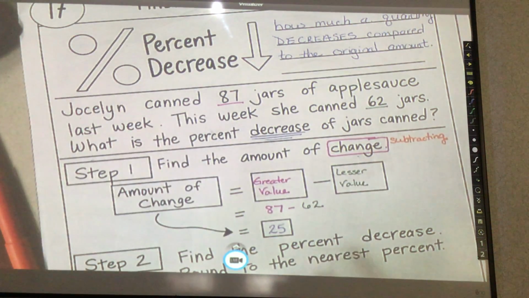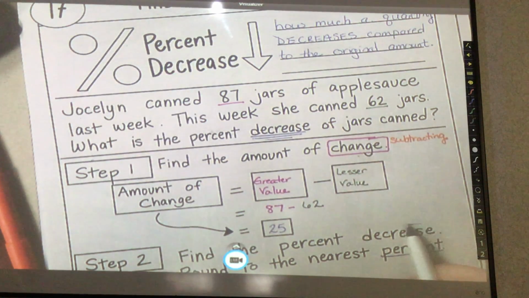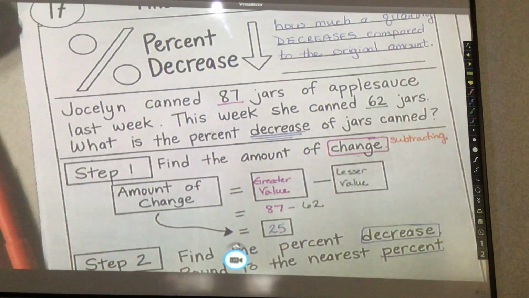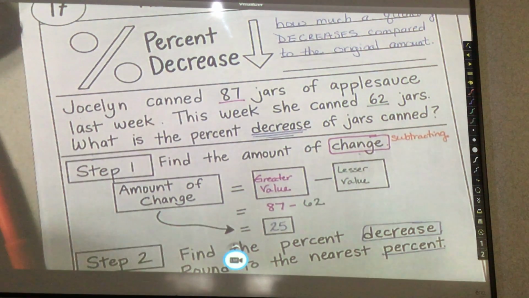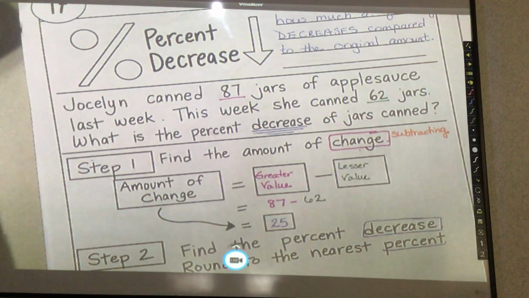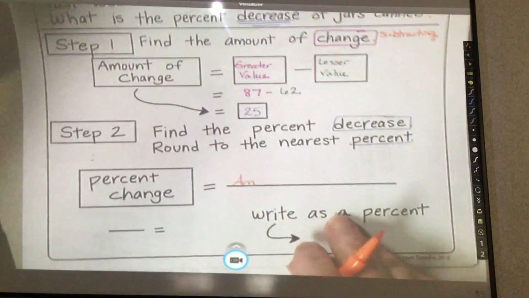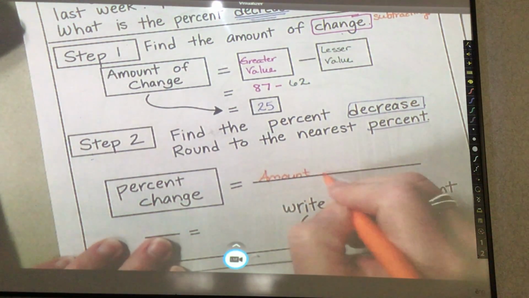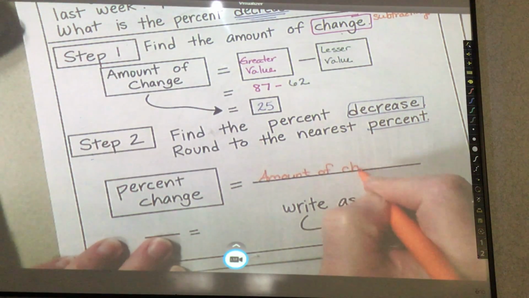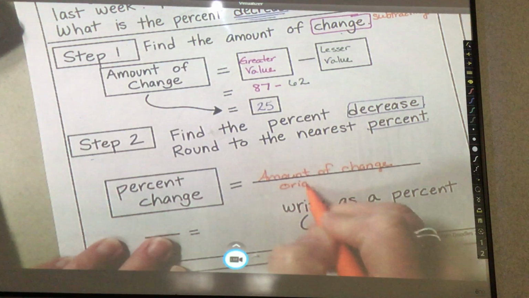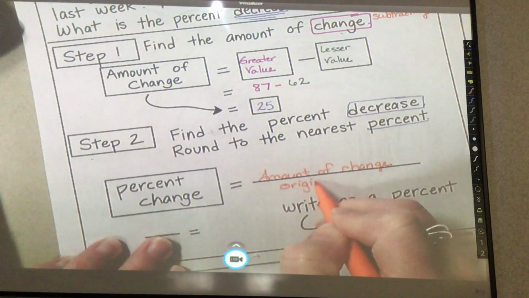So to find the percent decrease, round to the nearest percent, it is the same formula. Percent change equals amount of change over original amount.